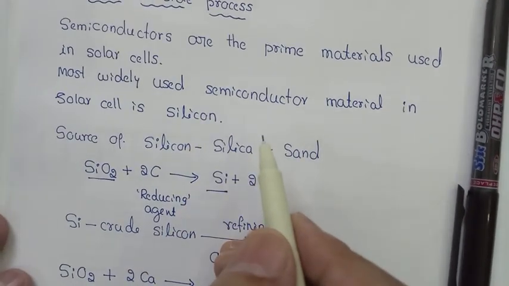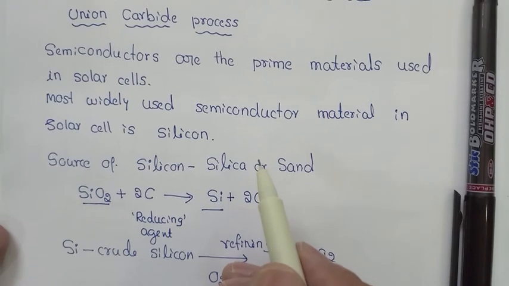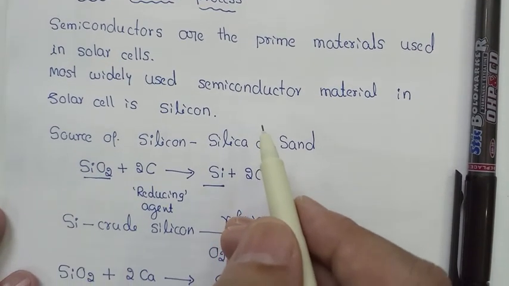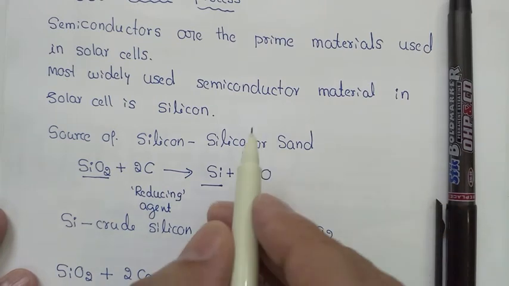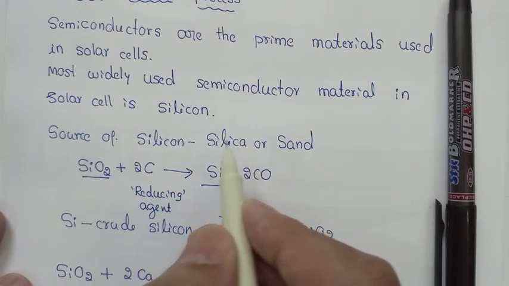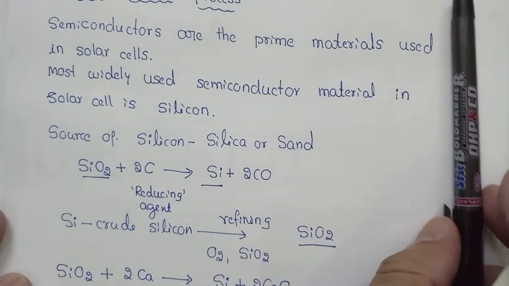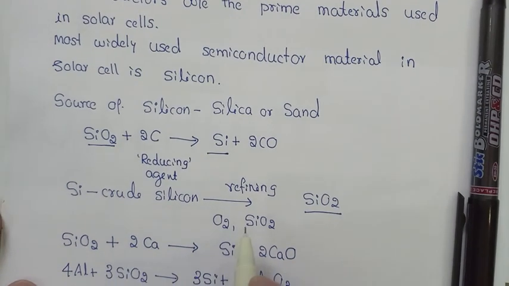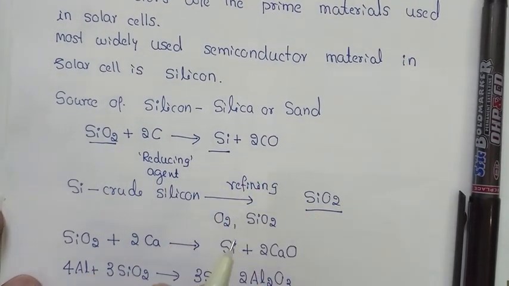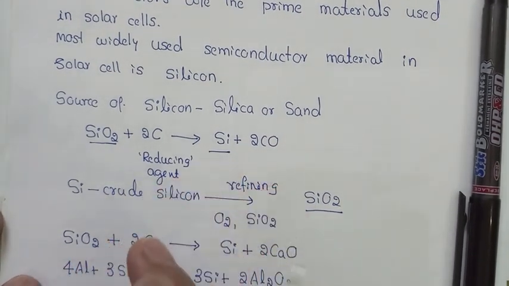Semiconductors have low electrical conductance, which can be improved either at high temperature or by adding elemental impurities. We call it doping. So before doping we need pure silicon. How can we prepare pure silicon or solar grade silicon?